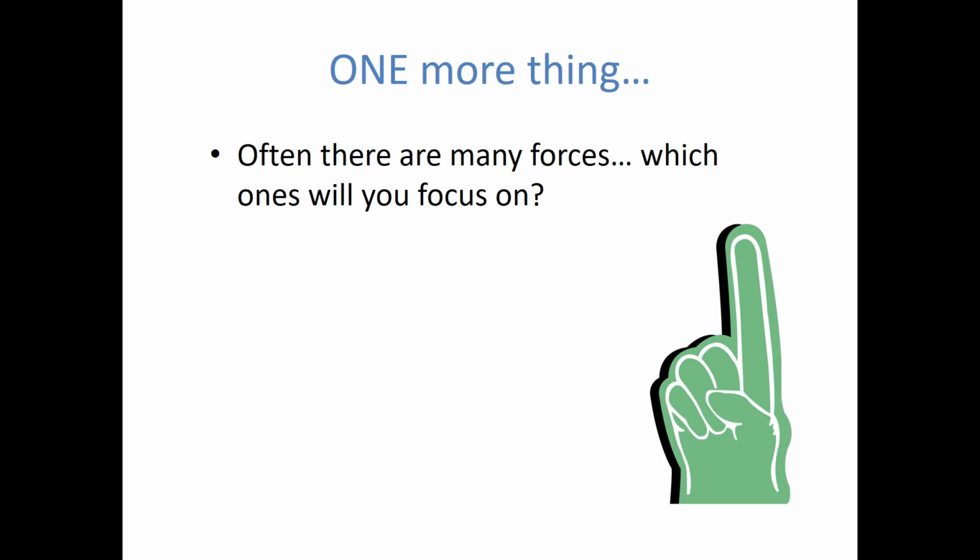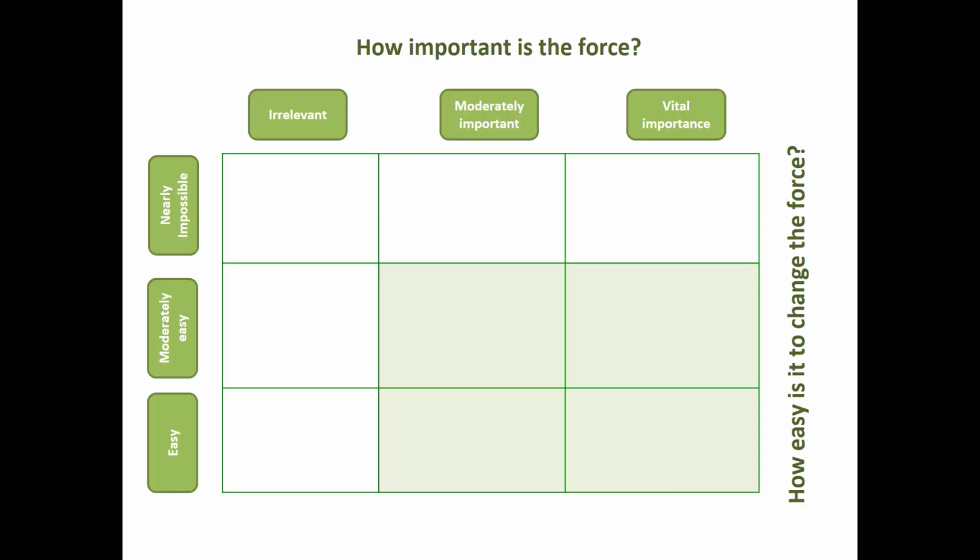Usually a problem has many different aspects, many different forces that are conspiring for or against the resolution. So which ones do you focus on? Because if you try to focus on too many forces at the same time, chances are you don't get anything done.